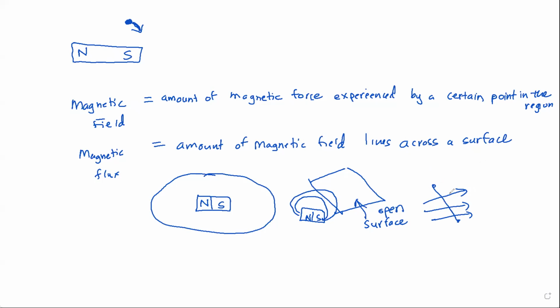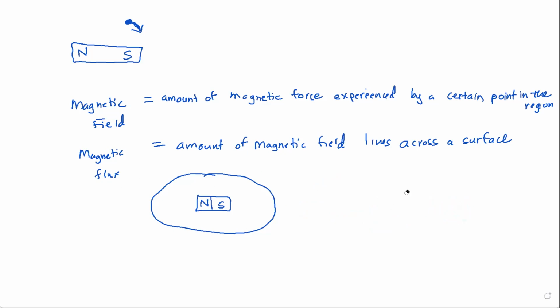So the total amount of magnetic flux across the total surface is known as the magnetic flux. If we have a closed surface, we have another thing that we need to consider. We will discuss more about the magnetic flux through a closed surface in the next parts of this lecture. So magnetic flux is the total amount of magnetic field lines that is going through a surface.